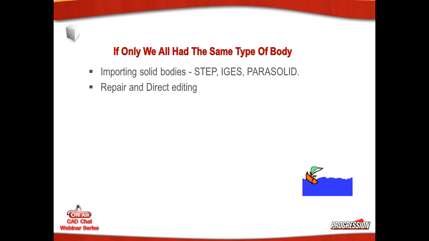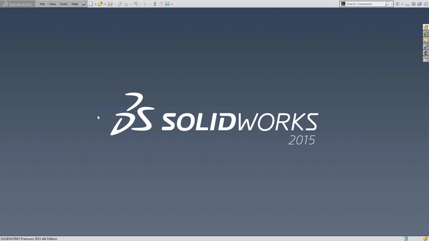Those do show up a lot now. And then we're also going to look at repair and direct editing, and when you may not even want to mess with that, and reasons why you might just skip that. So let's go ahead and dump out of the slideshow and get right into SolidWorks.